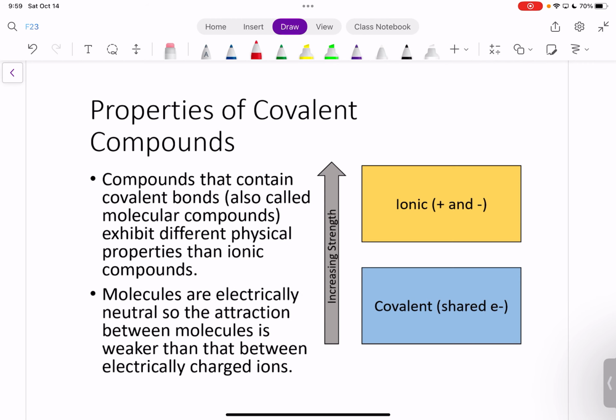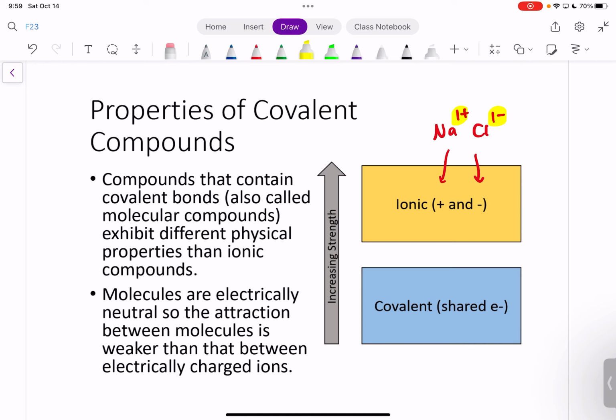All right, so what are the properties of these covalent compounds? So it turns out that covalent compounds or covalent bonds are actually less strong, or weaker, than something like ionic bonds. And the reason for that is that with ionic bonds, we're creating this difference in charge, right? So for something like Na1+ and Cl1-, that difference in charge is really, really strong at keeping those 2 ions together, right?